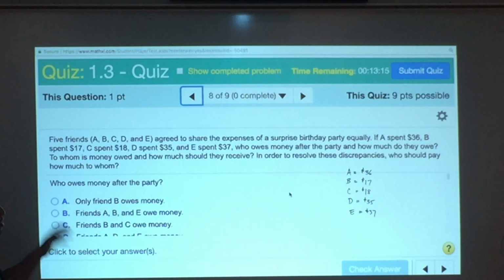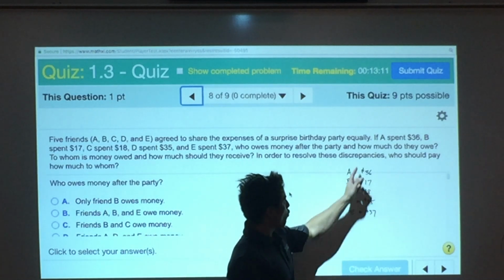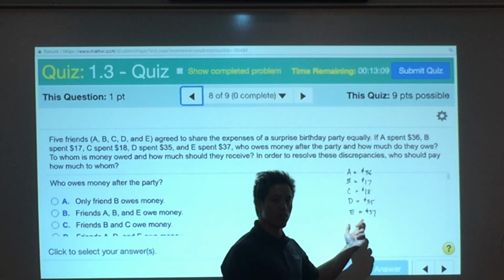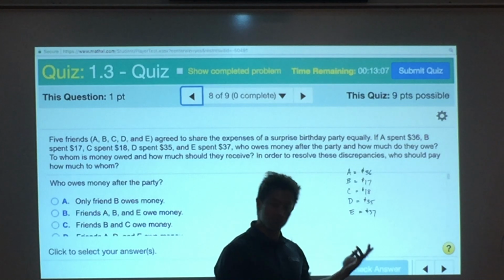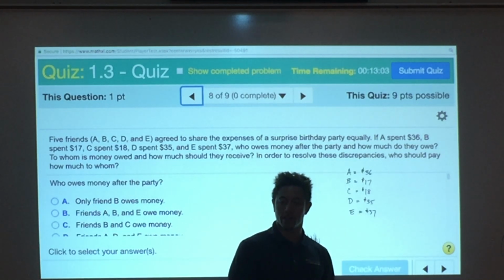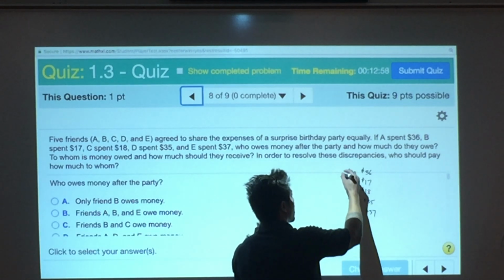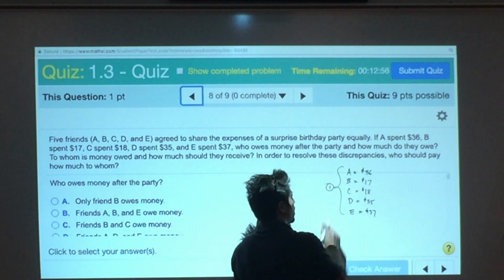So let's stop right there. So, question for you, if we add all this up, will we know the total cost of the party? Yes, because everybody dumped their money in and that paid for the party. Make sense? So, really, step one is, yeah, lay out what everybody paid.